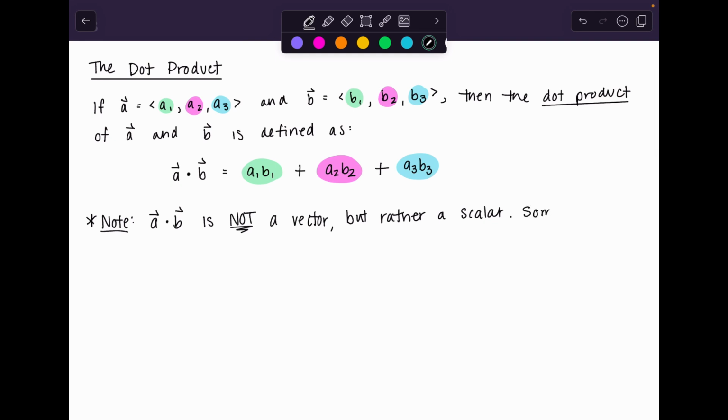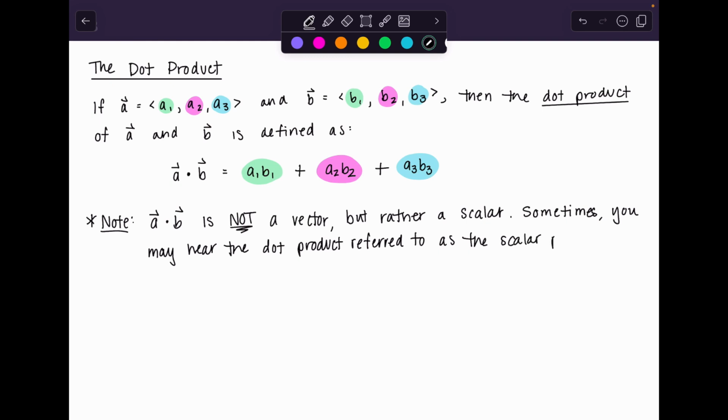So sometimes you may hear the dot product referred to as the scalar product because it results in a scalar, or you might also hear it called the inner product. This is a concept you'll go into heavily in linear algebra, but they both mean the same thing.